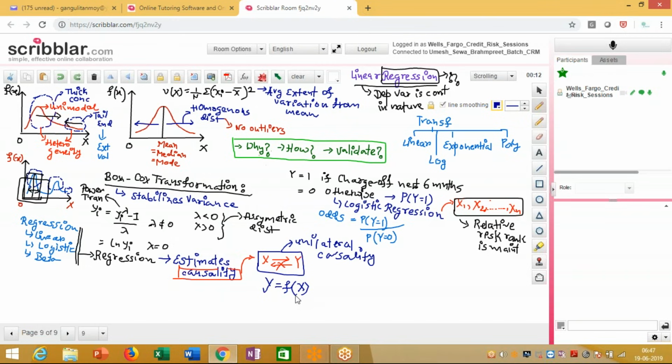Now there would be multiple independent variables. When you are exploring this causality in an econometric framework, that framework is called regression.